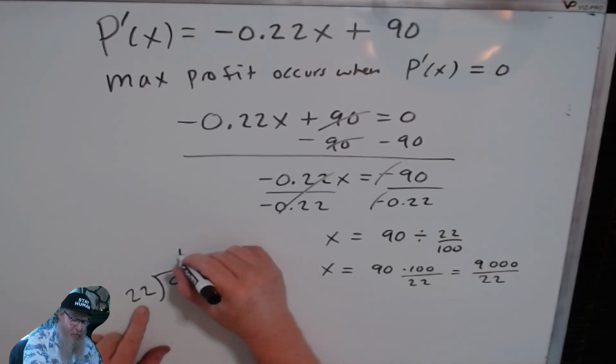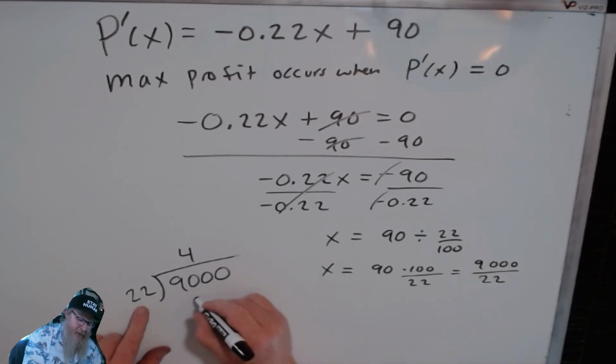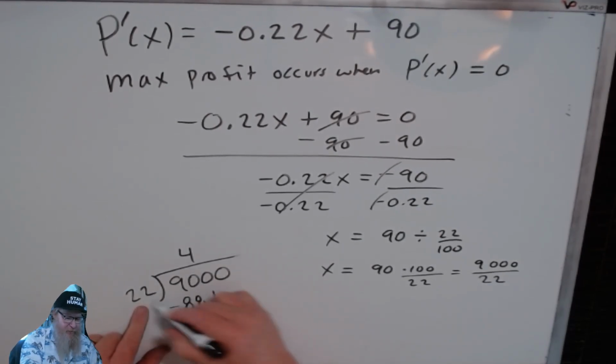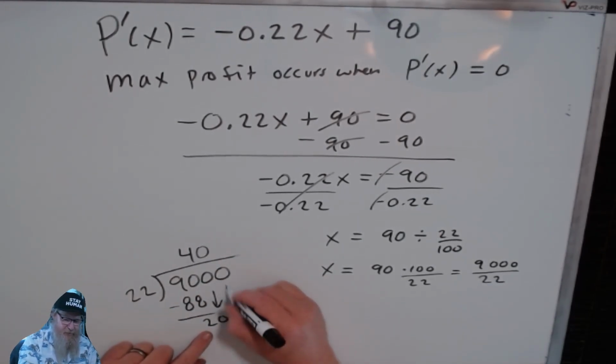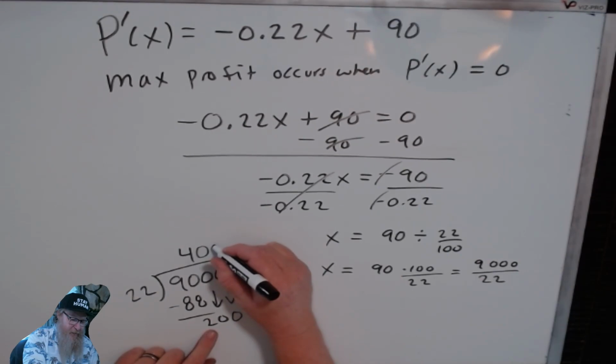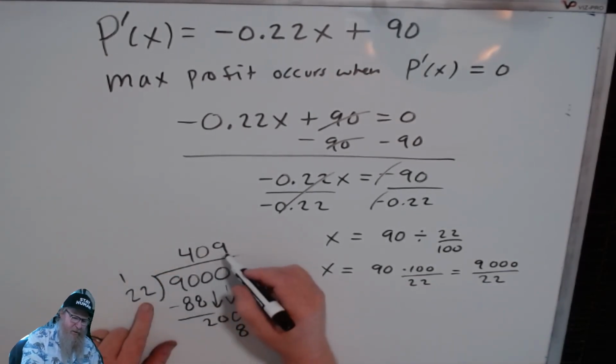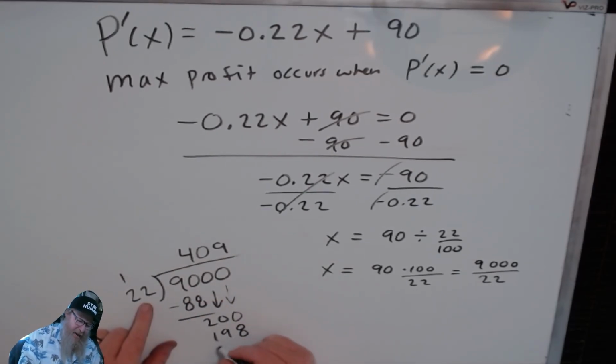It goes in 4 times. 22 goes into 90 4 times. So that's going to be 88. 22 goes into 20 0 times. 22 goes into 200, 5 times, 6 times, 7 times, 8 times, 9 times. 9 times 2 is 18, carry the 1. 9 times 2 is 198.